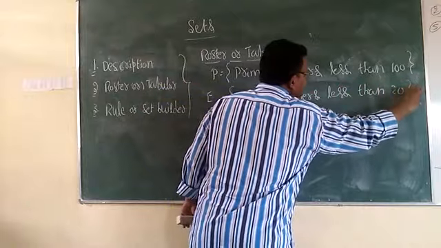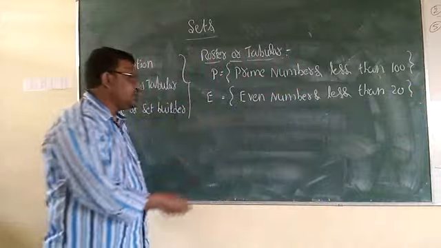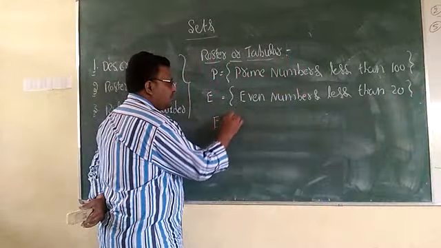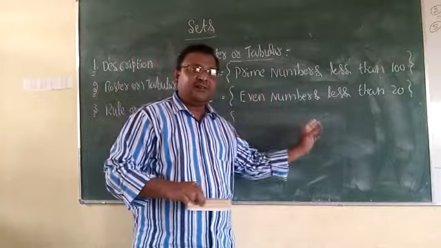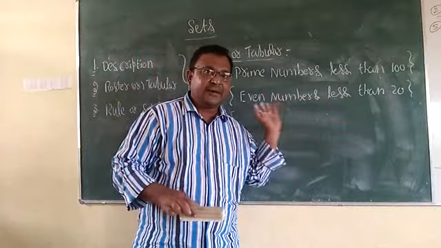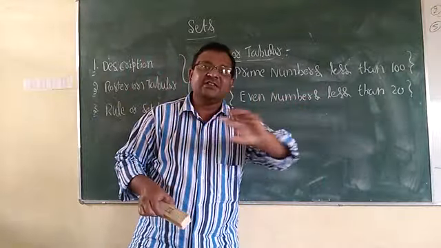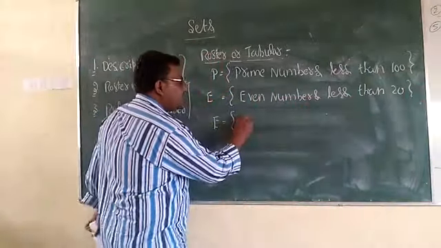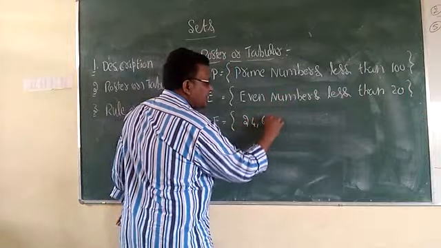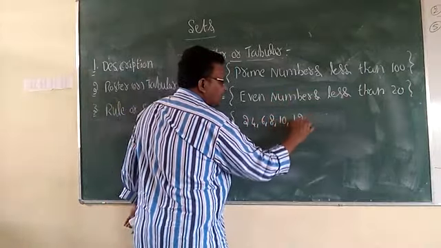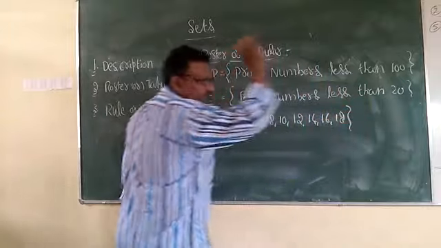So I took two examples here. In the second one, you will see E. What is the description here? Even numbers less than 20. By reading this, whatever comes under this description, we have to list out. That means the even numbers less than 20: 2, 4, 6, 8, 10, 12, 14, 16, 18.